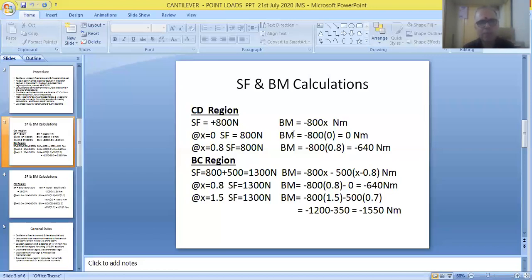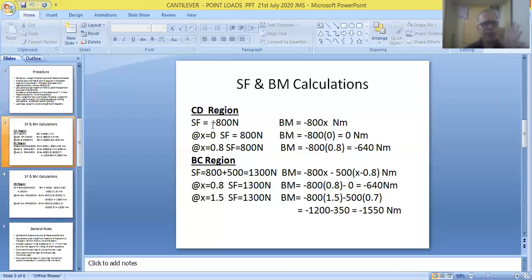So friends, for the CD region, SF is obtained as plus 800, and bending moment is obtained as minus 800x. This SF has to be expressed in newtons, and the bending moment will be in Newton meter, since 800 will be in newtons and x will be in meter. All the values of bending moment are obtained in terms of Newton meter, and all the values of shear forces in terms of newtons.